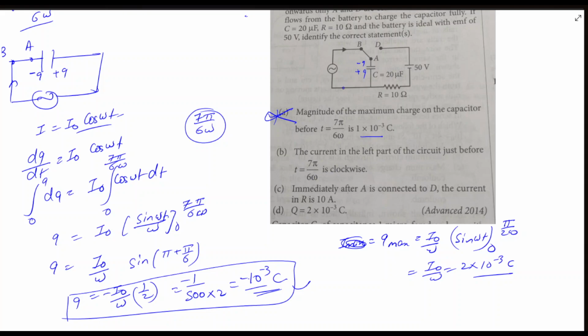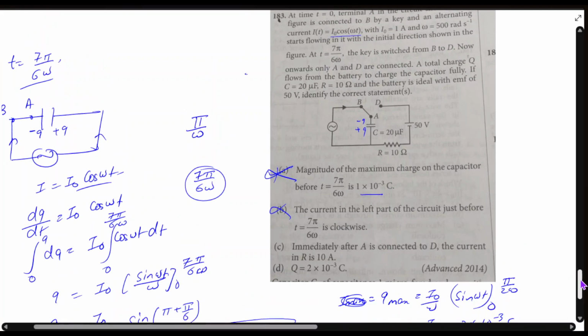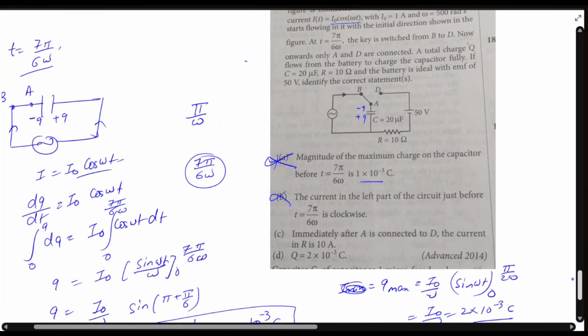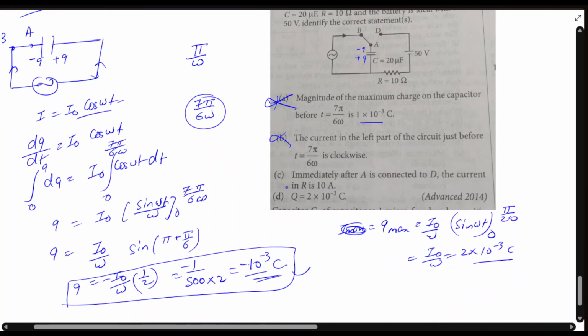Is it clockwise or anti-clockwise? So current will be anti-clockwise, right? Initially it was clockwise, then after some time, after time pi by omega, the current switches its direction and it becomes anti-clockwise. So B option is also wrong. Are you getting it? It's quite an interesting question. Let's move on to C.